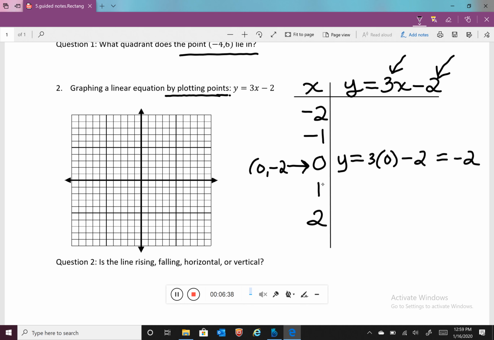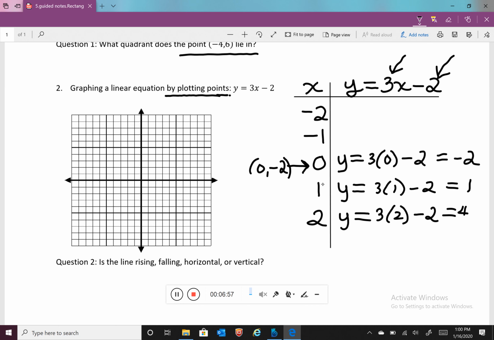Input, output. When I let X be 1, then I have 3 times 1, which is 3, and 3 minus 2 gives us 1. When I let X be 2, I have 6 minus 2, which is 4.